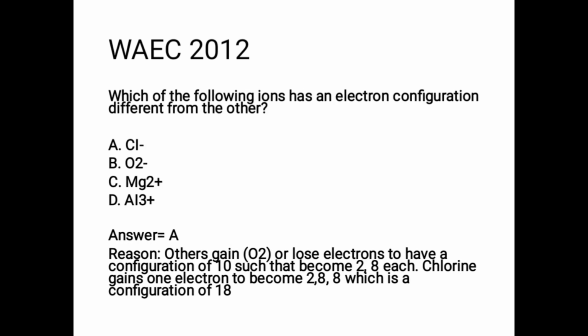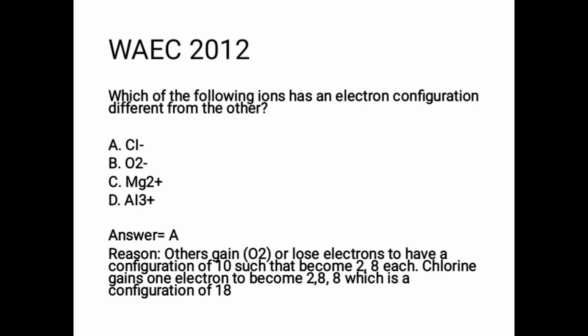Another objective question here, you have WAEC 2012 again. They say, which of the following ions has an electronic configuration that is different from the others? Now, when you have elements or atoms bearing charges, these have become ions, because ions are atoms carrying charges.